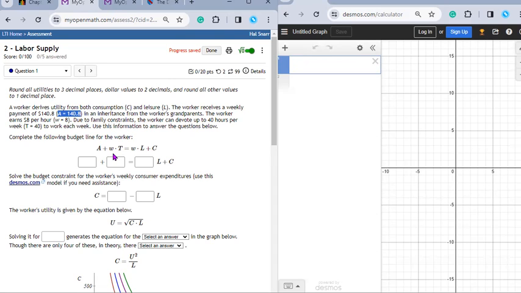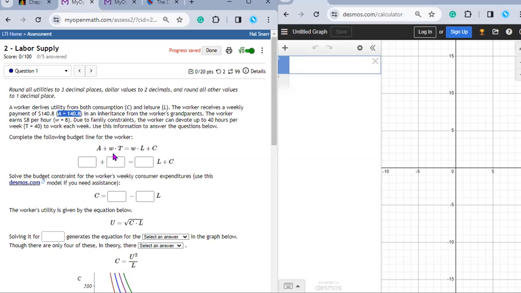It could be zero. It could be $140.80, or it could be in the millions, depending on how rich the family of the individual is. It could also be a lottery payment. The allowance could be government assistance, a lump sum of money given to a person who's on the lower end of the income scale.